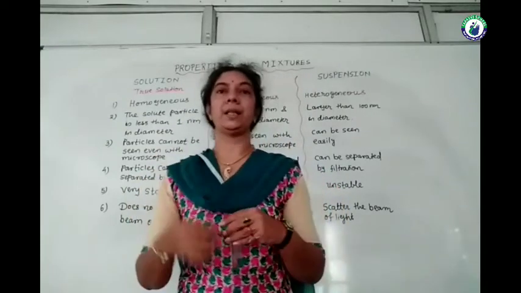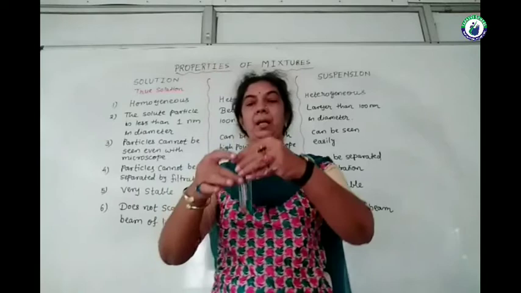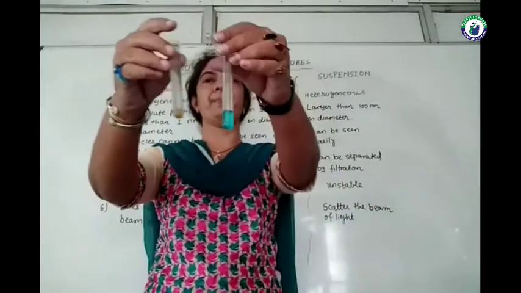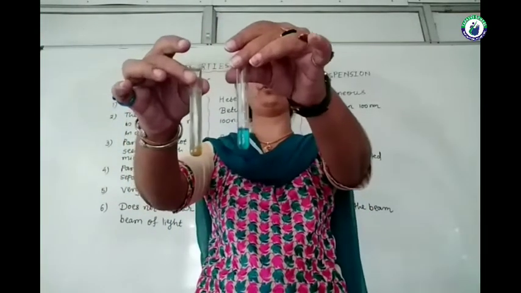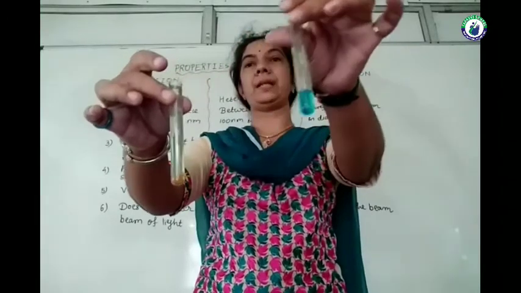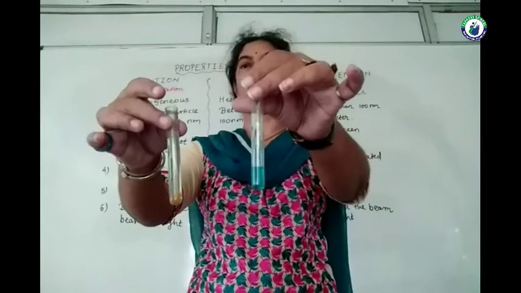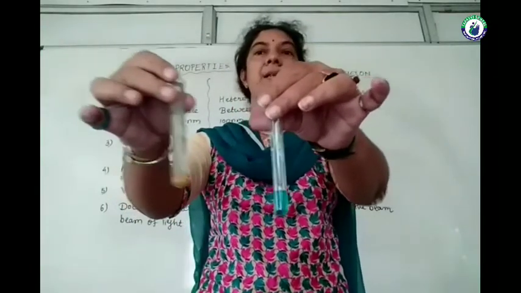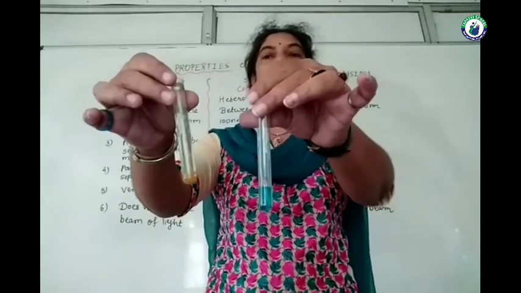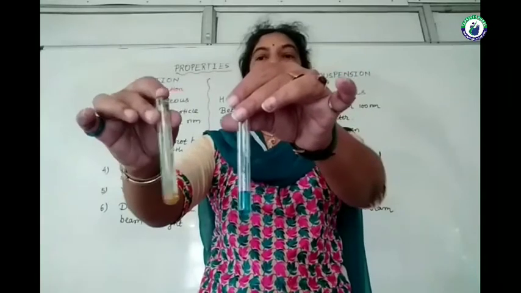For understanding these properties, keep these two samples in front of you in your mind. This is the solution of copper sulfate and water, and this is the solution of rust and water.